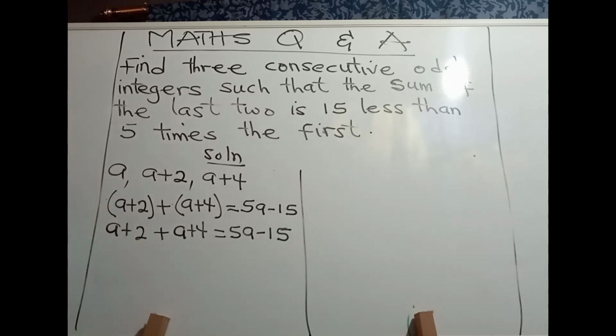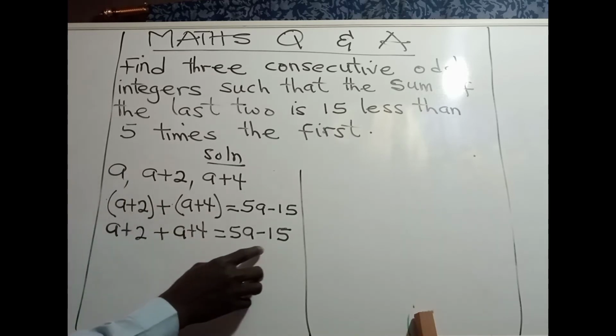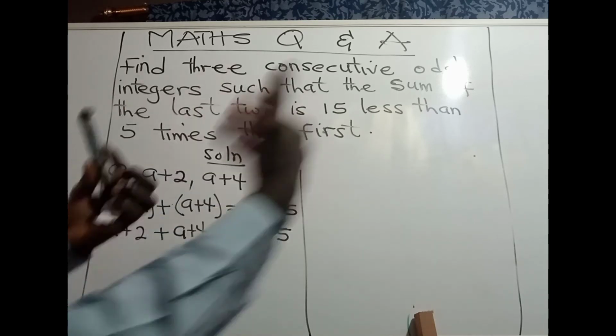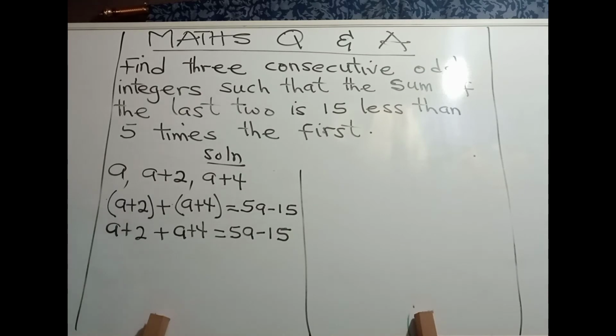You can decide to bring all those having a, meaning the coefficients of a as well as the variable, to the left hand side, or you can bring them to the right hand side. Okay, so which one do you want? I should choose one for you, right? All right, so let's send all the constant numbers to the left hand side and write all those having a in them to the right hand side.